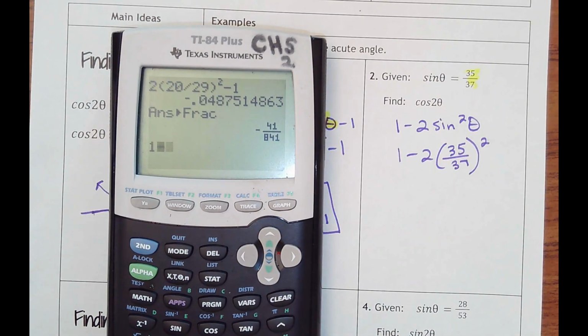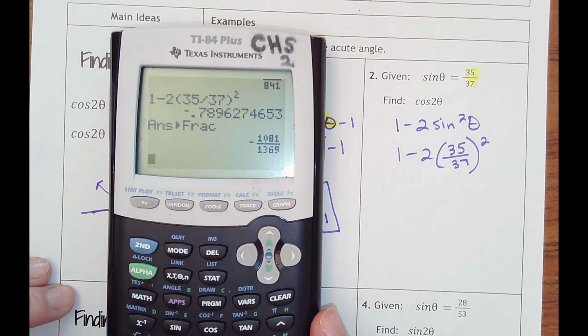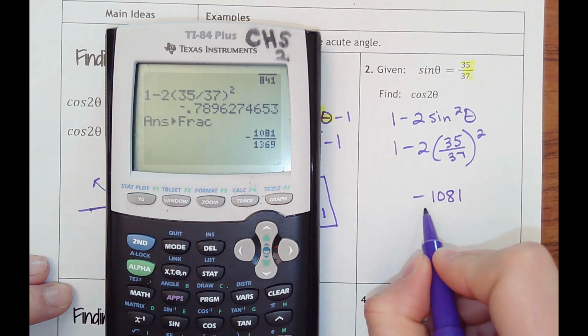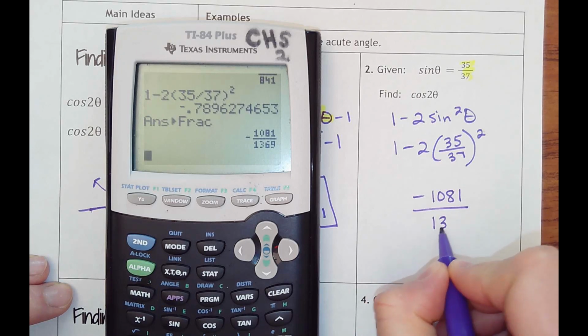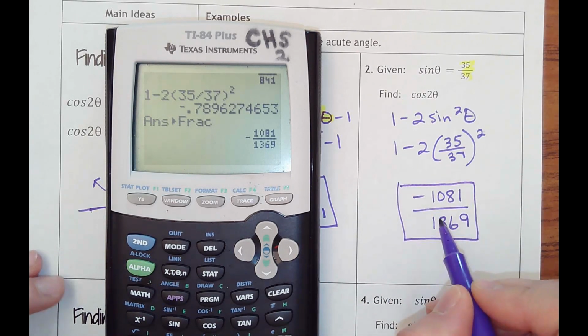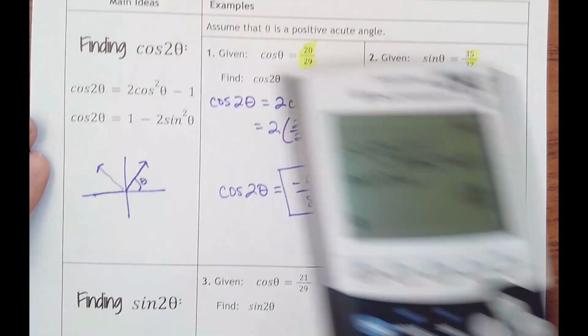I just put it on my calculator, turn it into a fraction, and simplified it would be negative 1081 over 1369. Again, it's okay to get a negative ratio because this might be running over into quadrant 2. And that's all for those.